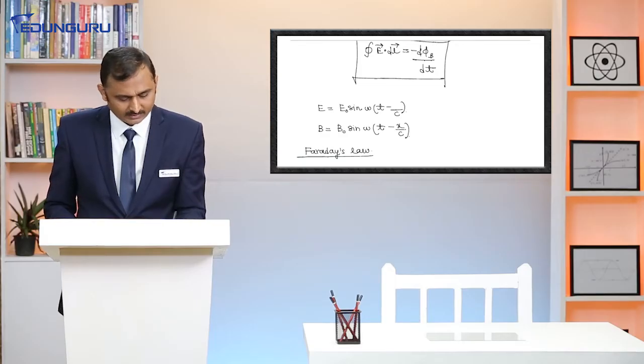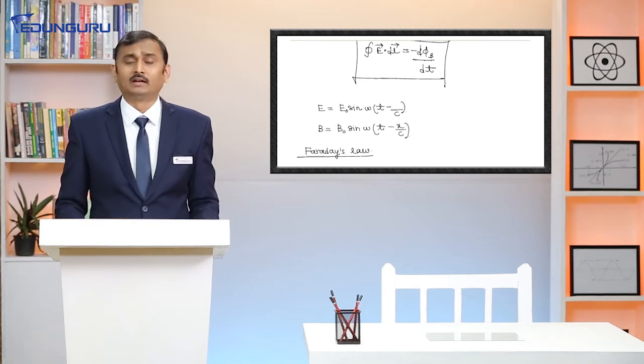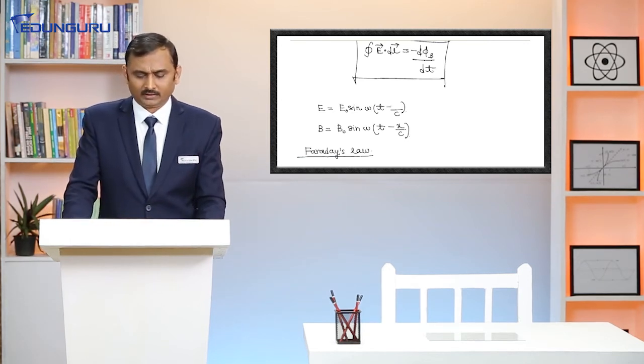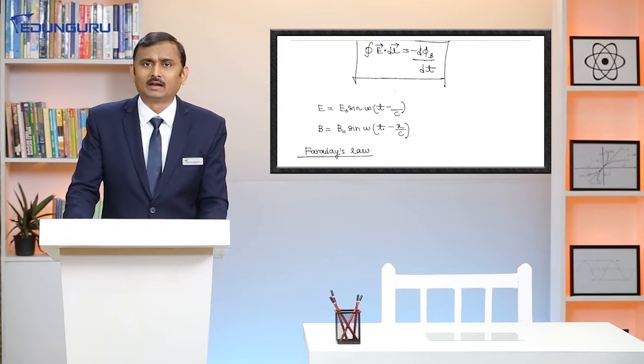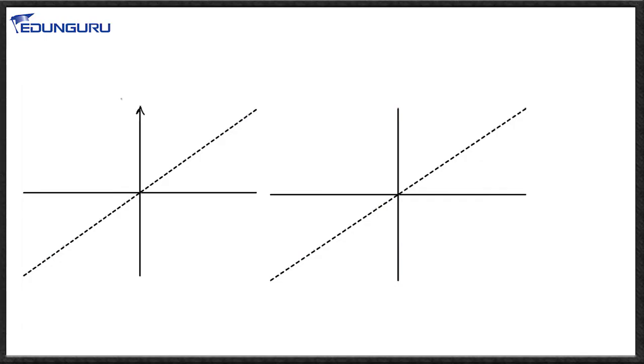The electric field is along the y axis and the magnetic field is along the z axis. So Ey is equal to E naught sine omega times t minus x by c, and Bz is equal to B naught sine omega times t minus x by c. Now let's discuss its validity for Faraday's law. This is the y axis, this is the x axis, and this is the z axis.